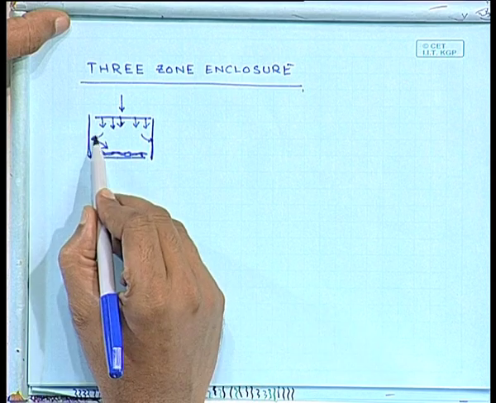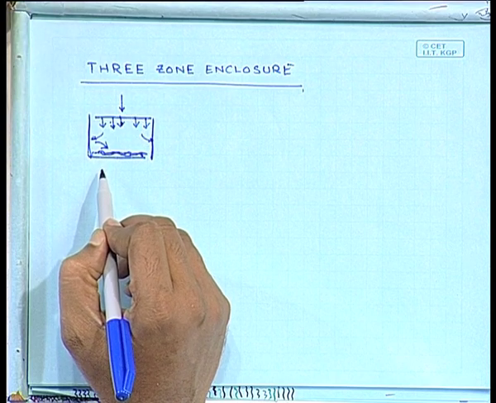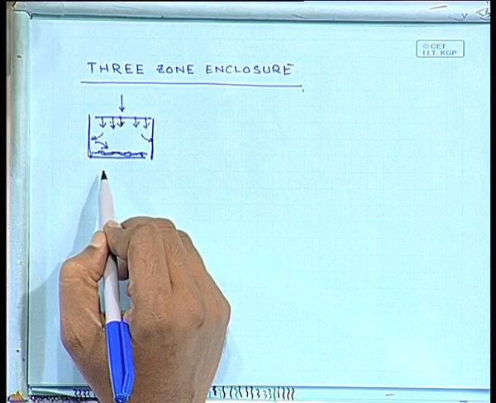Okay. So, these 3 surfaces interact with each other in all possible ways, but we would like to simplify this utilizing our concepts of surface resistance and the resistance for heat transfer between 2 surfaces when the radiosities are known.